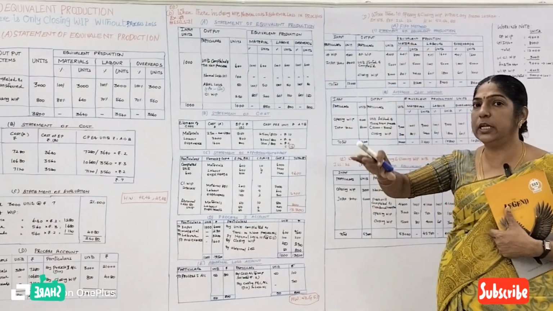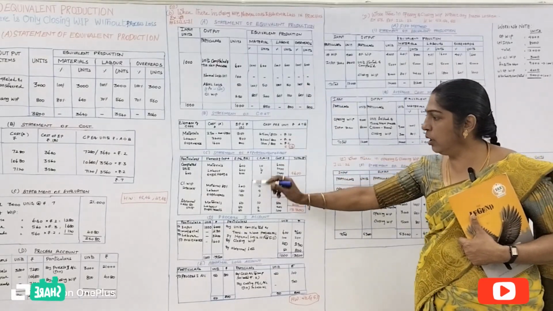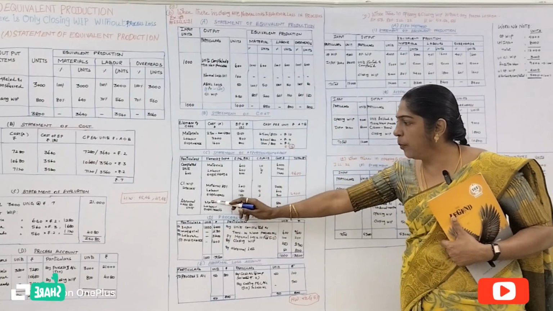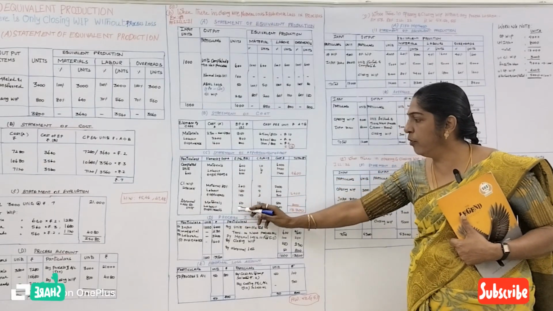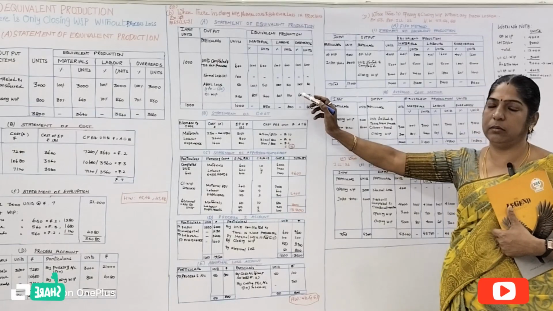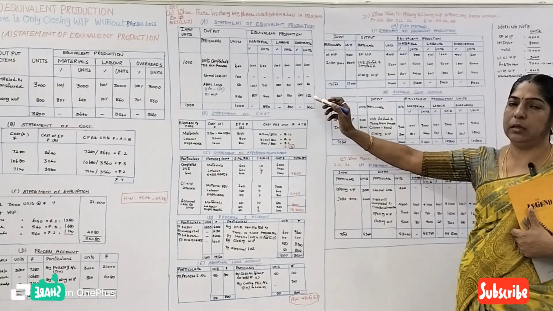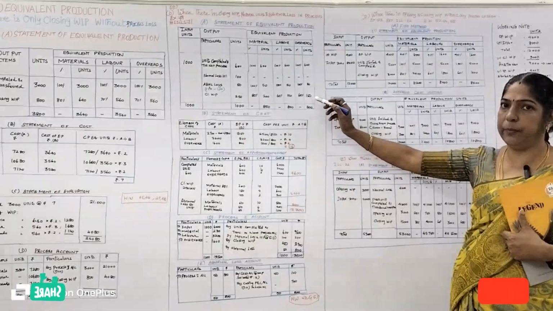So 100% for 50, 50, 50 units. Accordingly, you enter here abnormal loss of 50 units in the particulars column, in the elements of cost: material, labor, overhead, with equivalent production at 100% degree of completion.